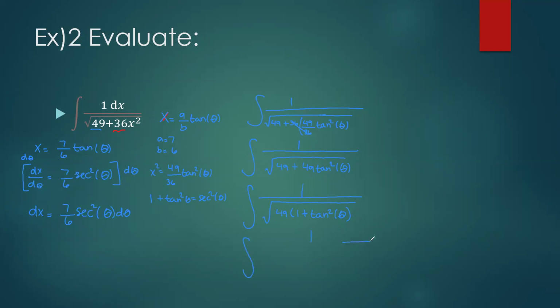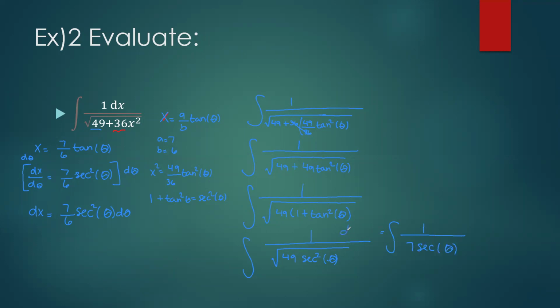It's going to be 1 over the square root of 49 times secant squared theta, and that would be the integral of 1 over the square root of 49 secant squared theta, which is 7 secant theta.